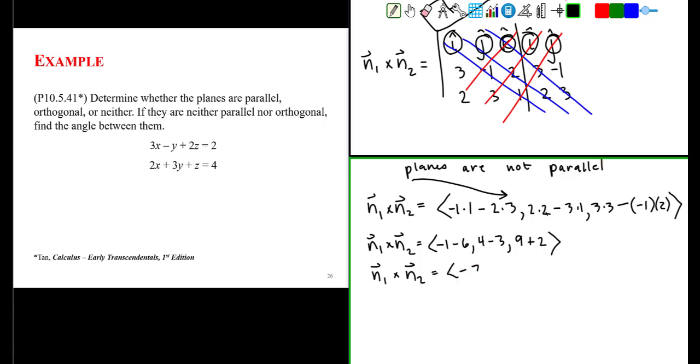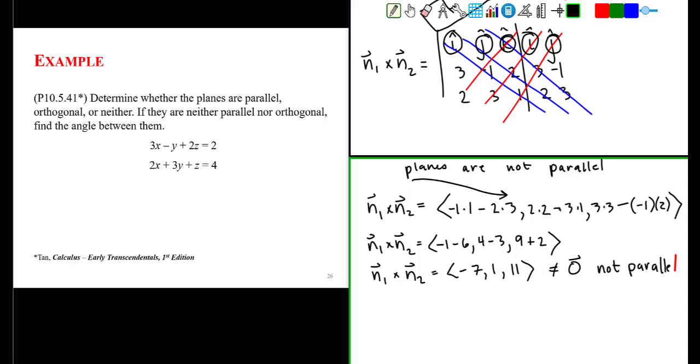And in fact, none of the components are equal to 0. However, we only need one component to not be equal to 0 to say that these planes are not parallel. Since this cross product is not equal to the 0 vector, we know the planes must intersect along some line.